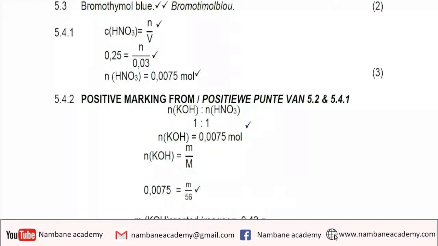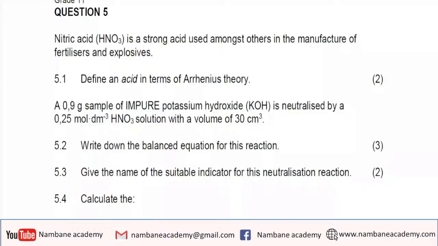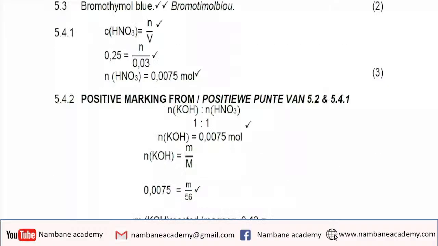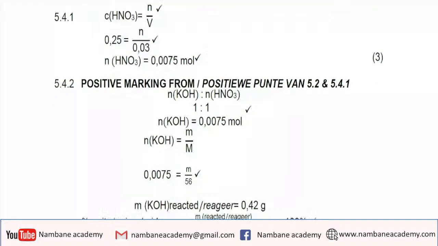So 5.4. On 5.4.1, it says calculate the number of moles of nitric acid that neutralized the potassium hydroxide, for 3 marks. Then we use the formula of concentration, C equals n over V, for the first mark. And then 5.4.1, the formula C equals n over V as the first mark.